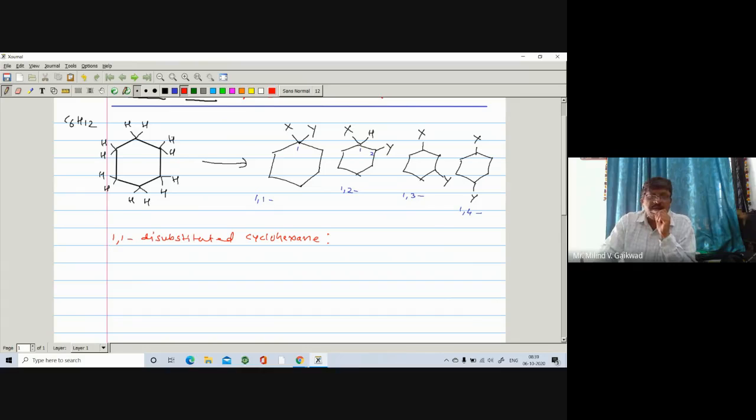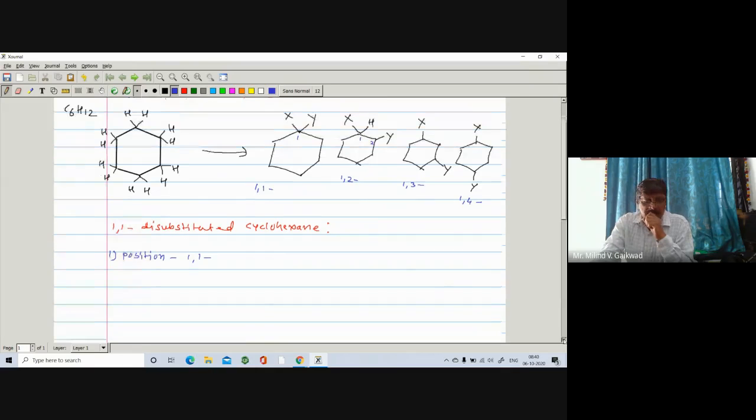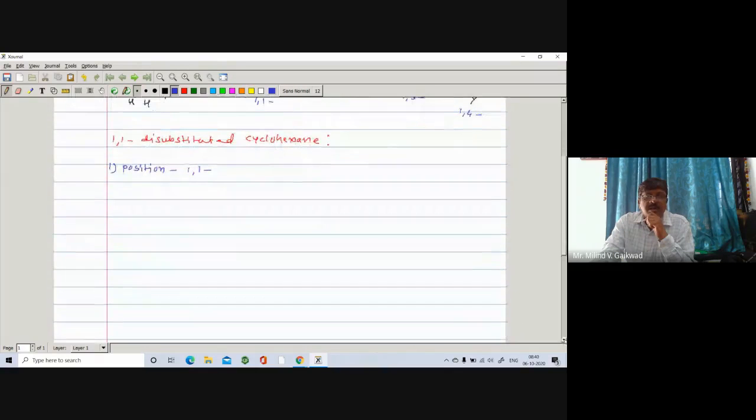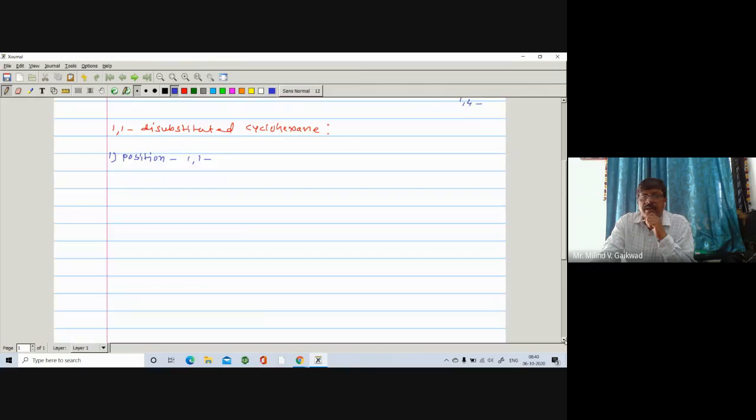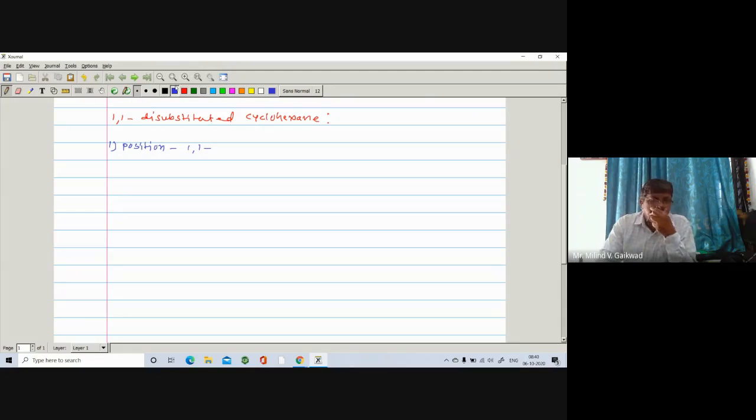So here the first point is the position, from which we replace a group, right? So here the position is 1 1 position, right? So from 1 1 position we replace the two hydrogens by the substituents, so it is a 1 1. Now here we'll write its structure, and let us see its stereochemistry.